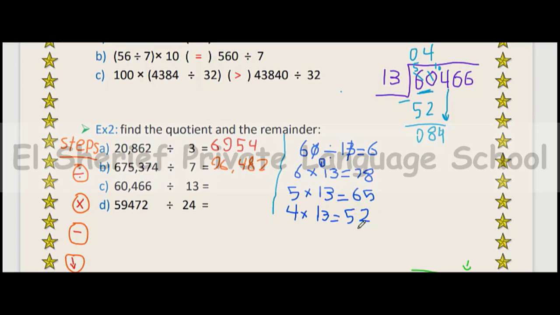84 doesn't belong here, so increase 6. So 7 times 13 equal 91.